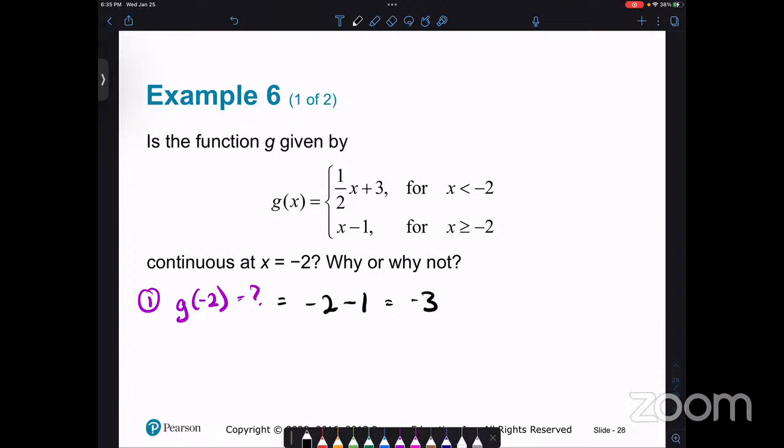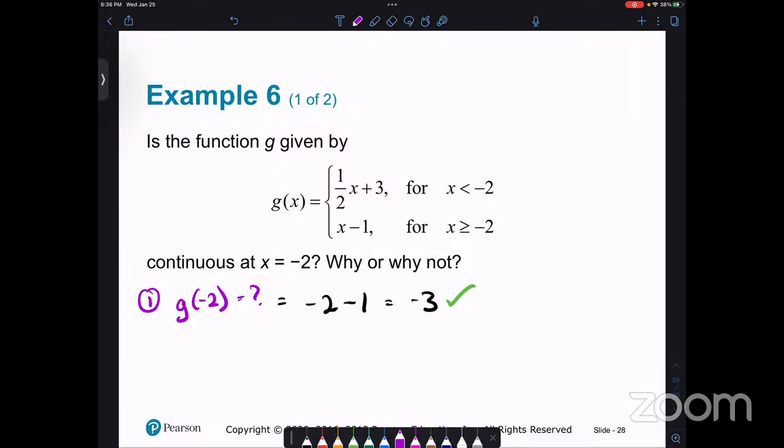That's the first condition. The second condition is we need to show that the limit as x approaches -2 exists. Last time we said in order for a limit to exist, the left-hand limit has to equal the right-hand limit.